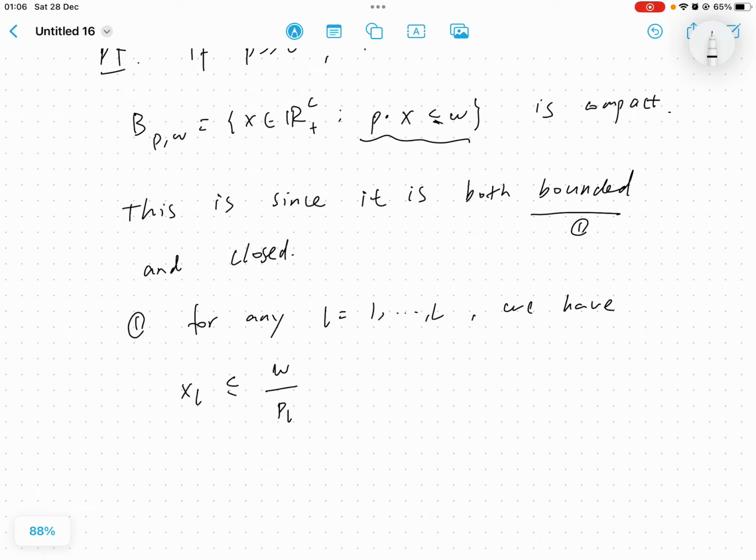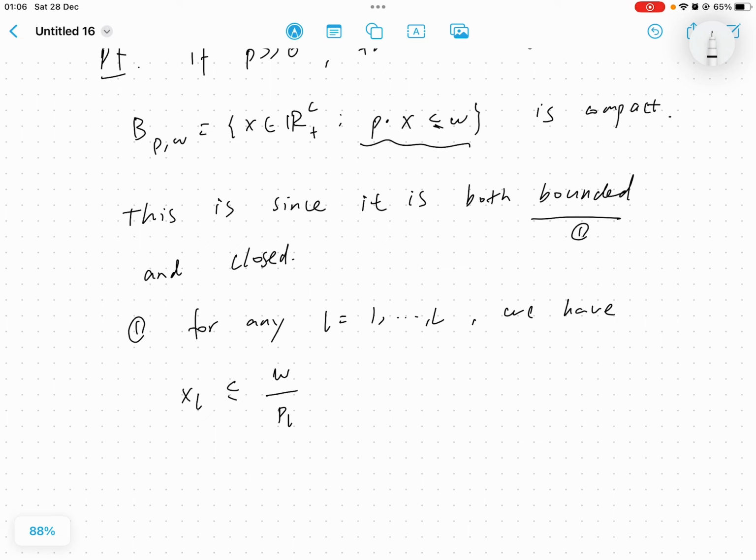So then we can immediately see that this x_L is bounded by this W over P_L and 0, right?